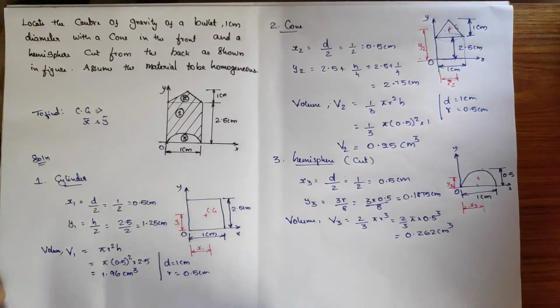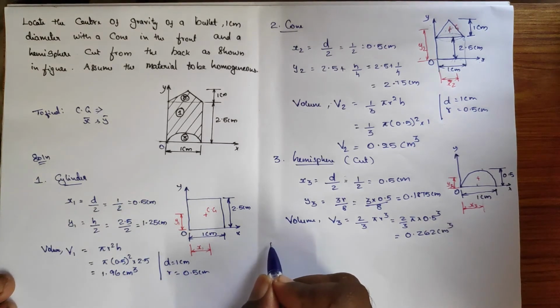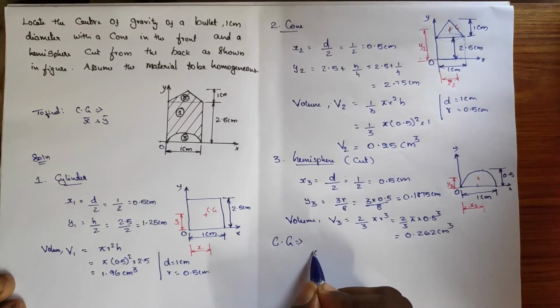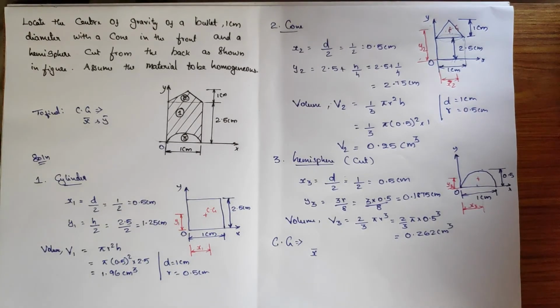So the next step is identifying the CG for the entire component with respect to OX and OY, which is X bar and Y bar. Okay, let's identify X bar.